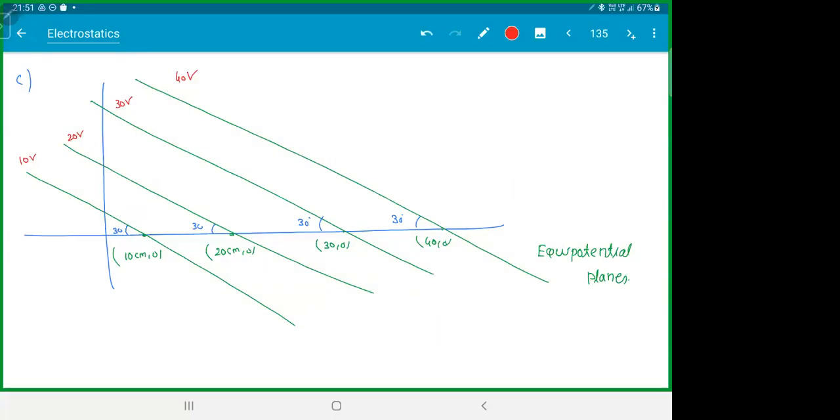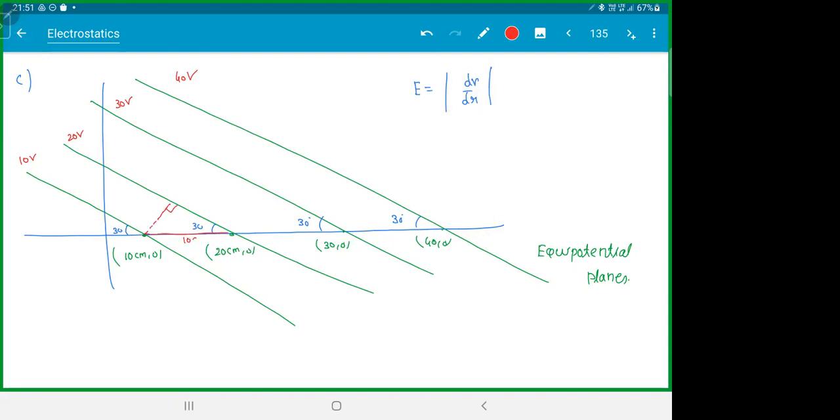See, we know the field is nothing but minus dou V by dou R. If you just want the magnitude, I can just take dV by dr. And since these are planes, you can clearly see this is the perpendicular distance. How much is that?